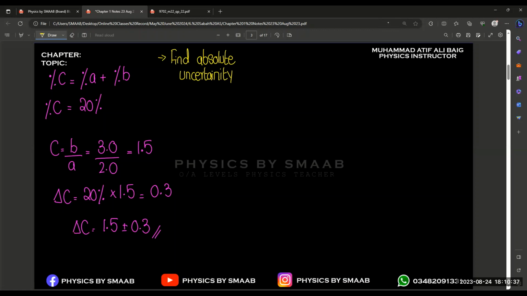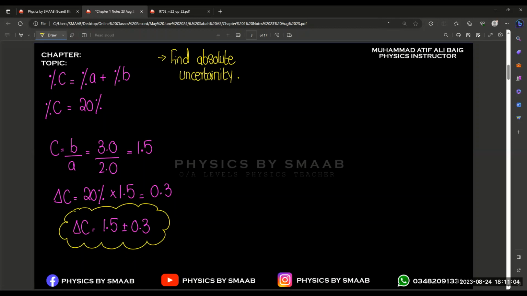So let's suppose they ask in the question that values are given, and they simply ask to find the absolute uncertainty for the given values. So you need to perform till this step. You need to solve all the steps till now, and this final value actually shows you the absolute uncertainty, right?